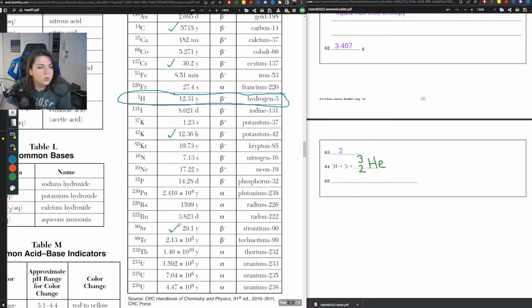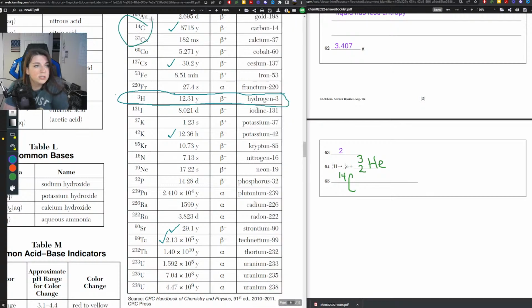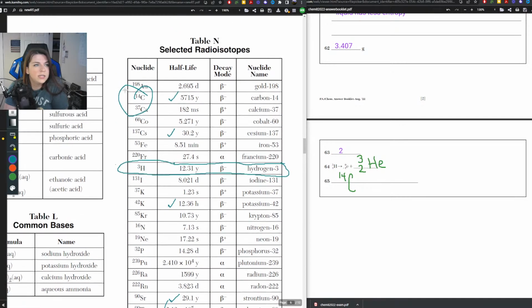Strontium 90 will work. Technetium will work. And that's it. So those are the only 5 answer choices. I would pick, personally, the carbon 14. And that would be it, 14C. And I would write 14C because that's what it lists on table N. That's why I would write it specifically that way.